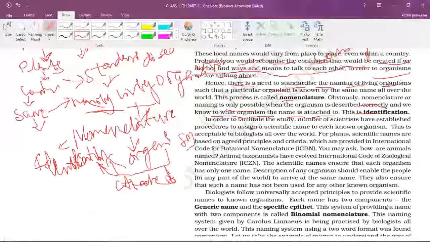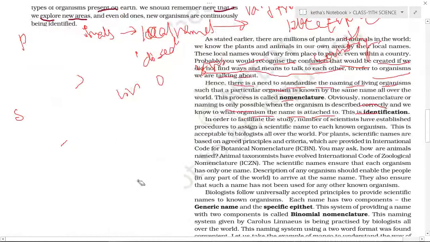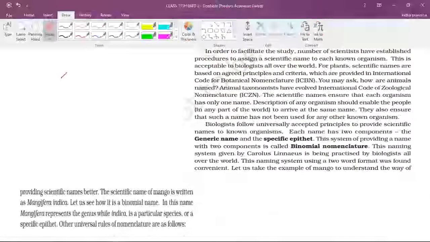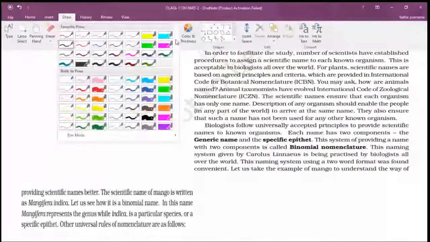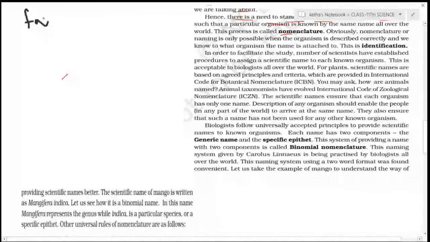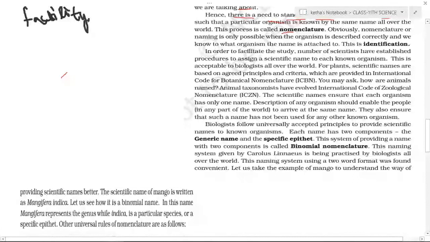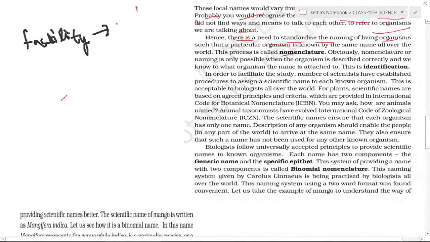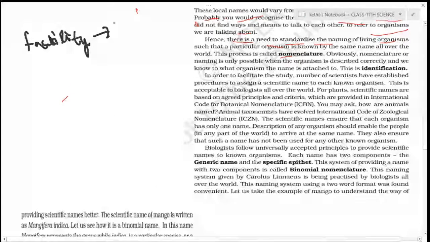Now next. In order to facilitate this study, a number of scientists have established procedures to assign a scientific name to each known organism.